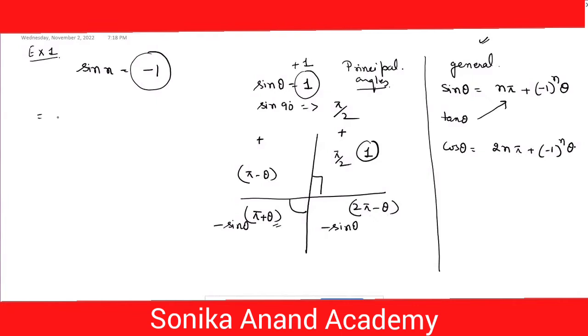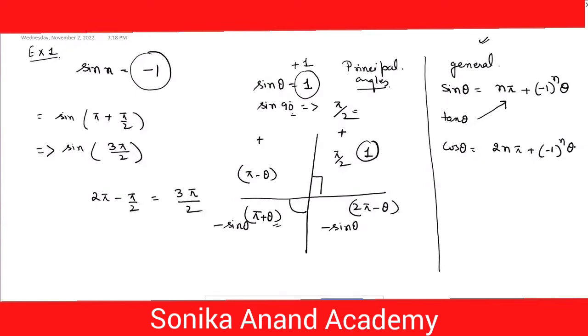Now pi plus theta, so what does it become? 180 plus theta, so pi plus pi by 2, where theta is 90 degrees. After solving, it becomes 2 pi plus pi by 2 over 2, so 3 pi by 2. Understood? And when we subtract, 2 pi minus pi by 2, we again get the same value.